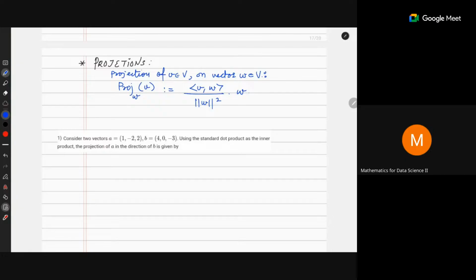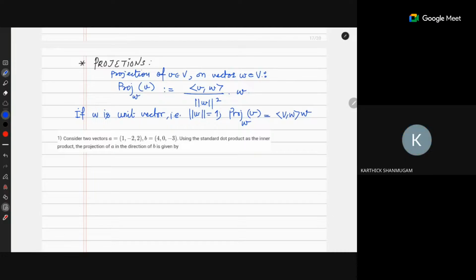In case you are working with an orthonormal or unit vector, if w is a unit vector, that is, the norm of w is 1, the projection of v in the direction of w would be just the inner product of w with v in the direction of w, because the norm will be 1.